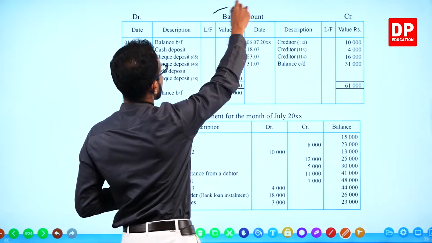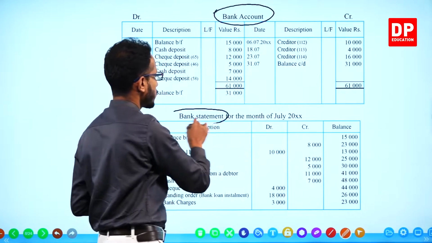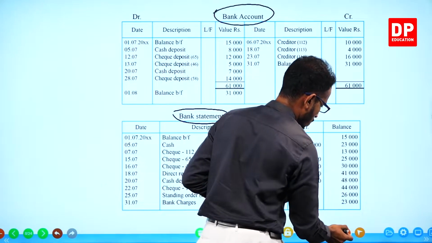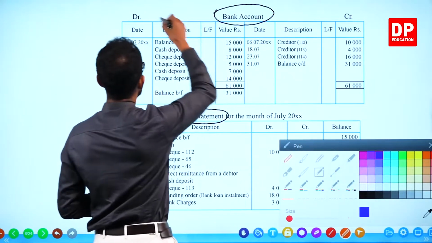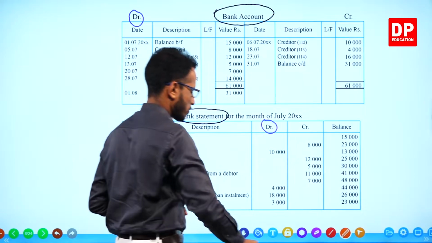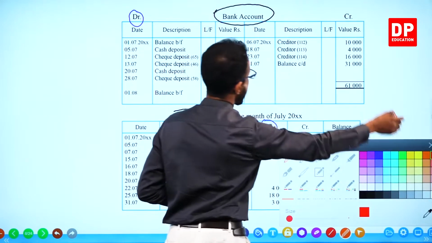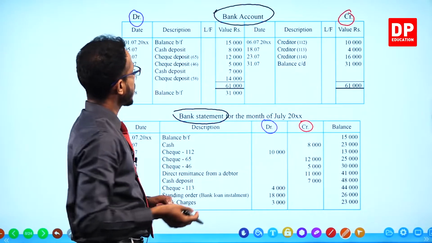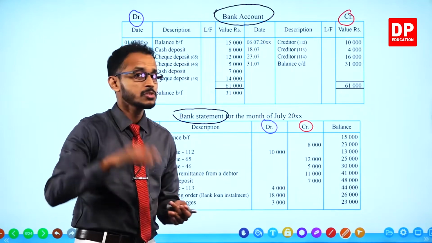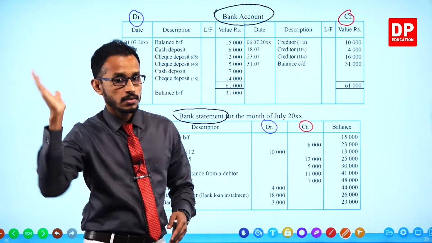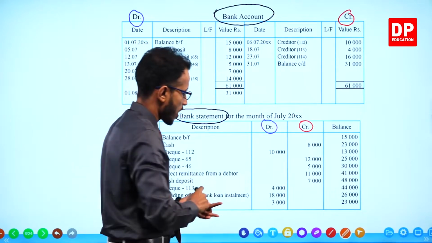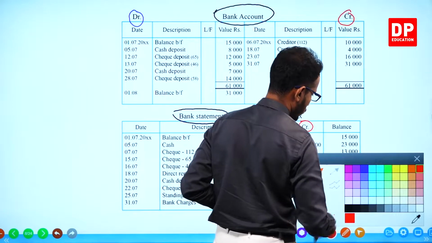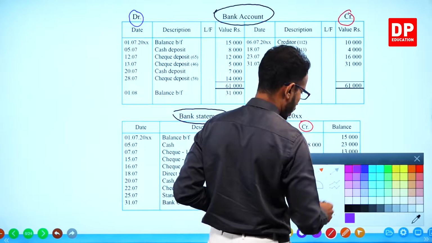Let's start checking. Bank account on top, bank statement on the bottom. I'm going to use blue color for debit, and the usual color, red, for credit. How are we going to check these items one by one? Like this, right? I'm going to draw the arrows and show you how it's done.